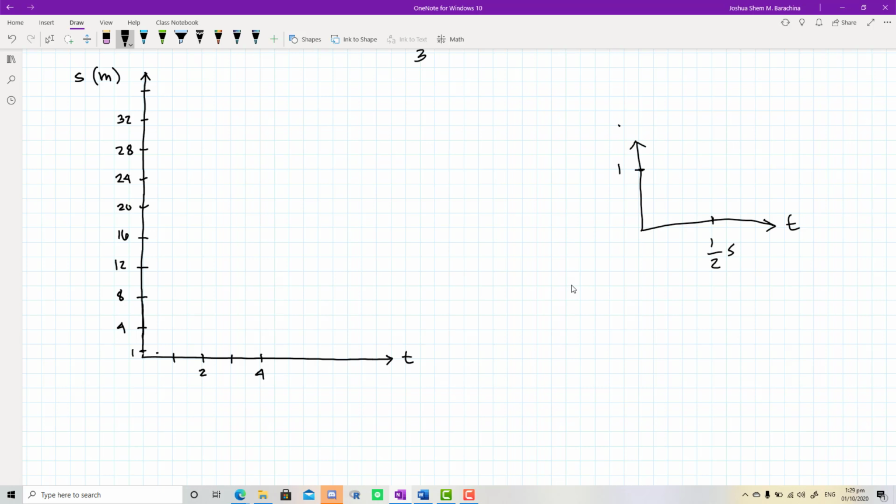This is your S. Starting point is at 1. We will end at this point here, because 1 minus 1/2 is positive 1/2. Positive 1/2 meters. Can you follow?